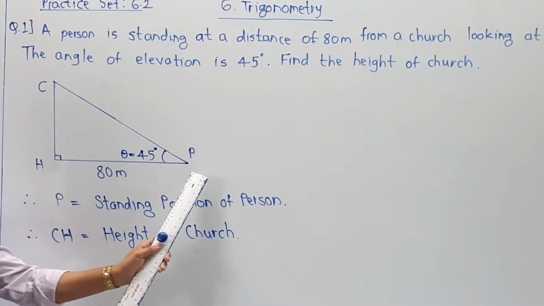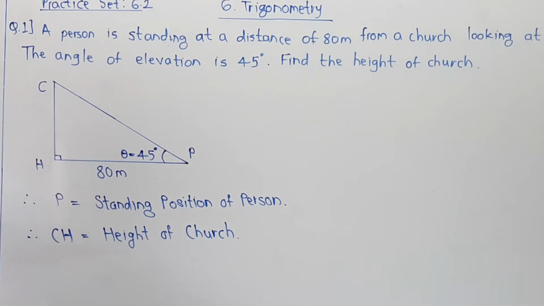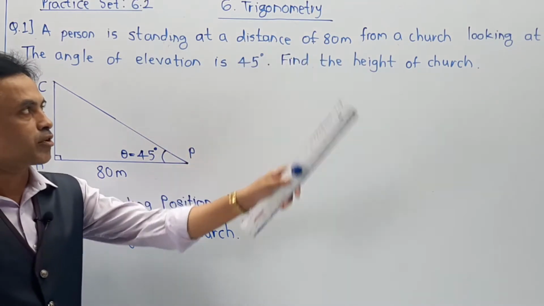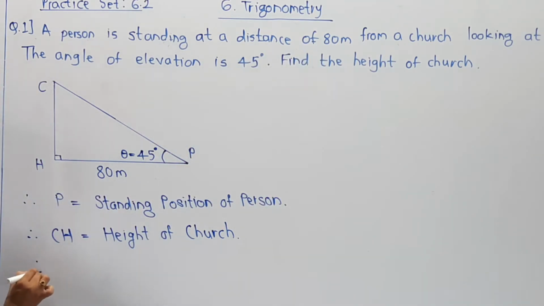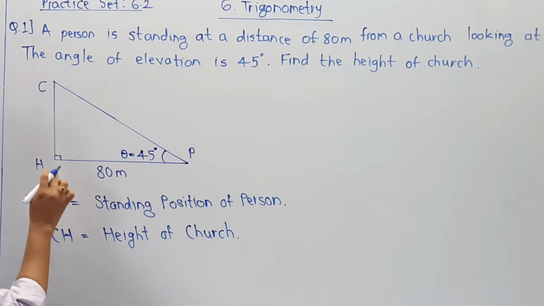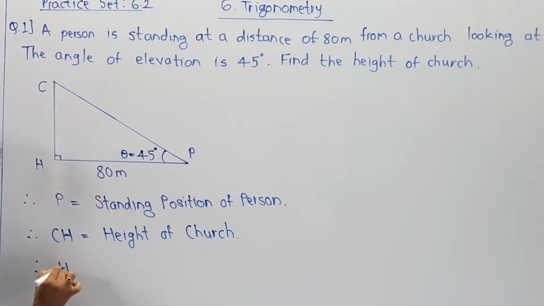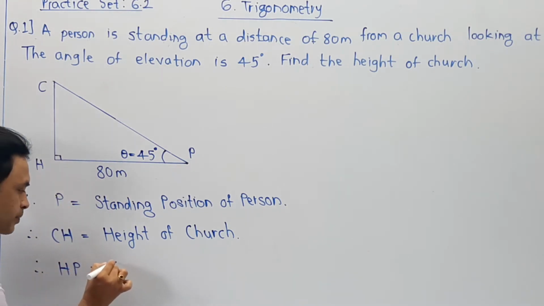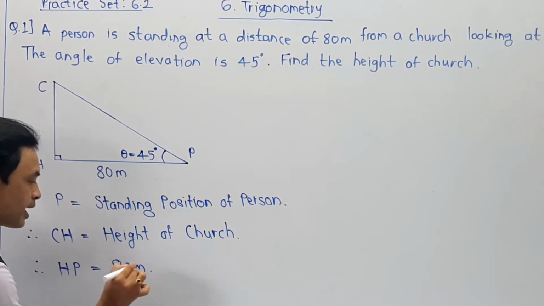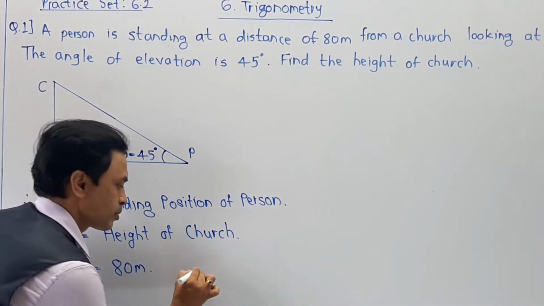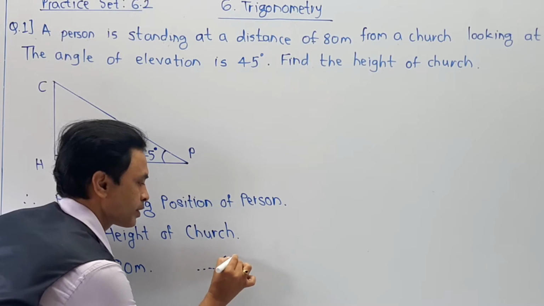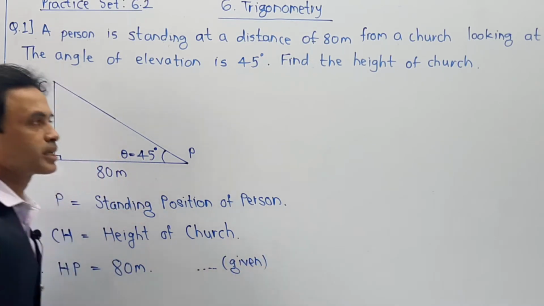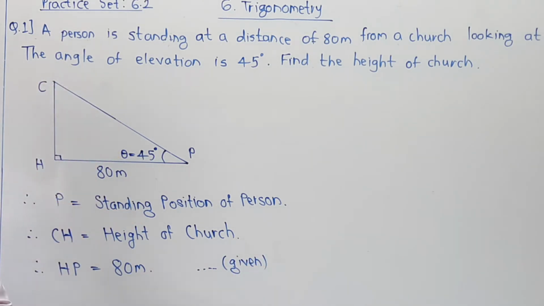And this distance HP or PH, that is nothing but the distance of 80 meter. So HP, that is nothing but 80 meter. And they have provided it to us, so I am going to write it in a bracket, given. Why have I written this? Because it is a concept of geometry that we are applying here.